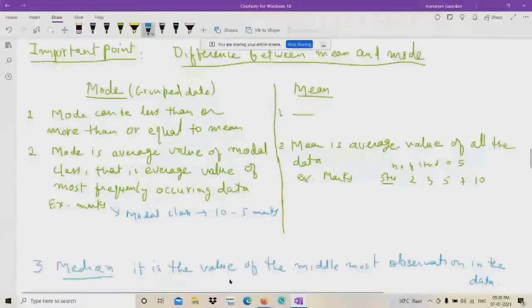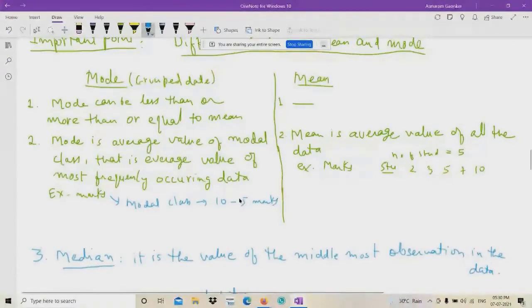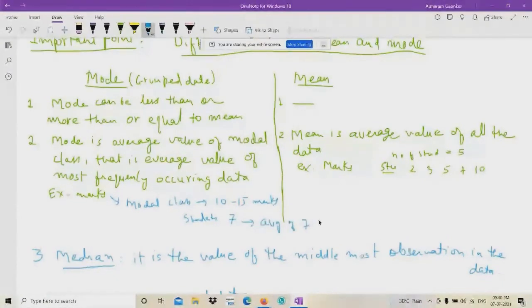So how many students are there who got 10 to 15 marks? That is the highest number of students, that is the frequency. Let's say the students are 7 in our above example. Then the average marks of these 7 students is what is called the mode in the modal class.